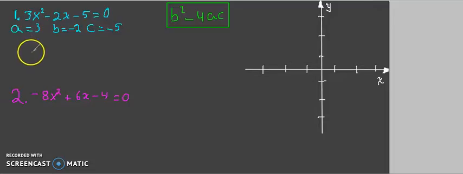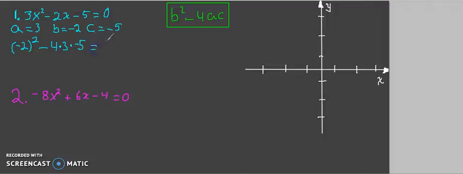Alright, so to plug this into our discriminant equation, we have b squared, which is -2 squared, minus 4 times a, which is 3, times c, which is -5.